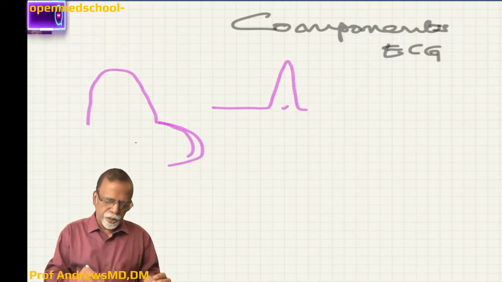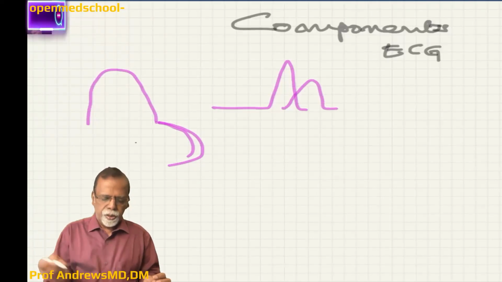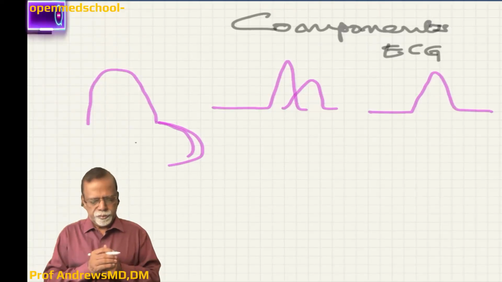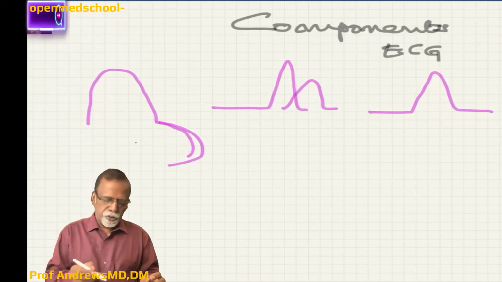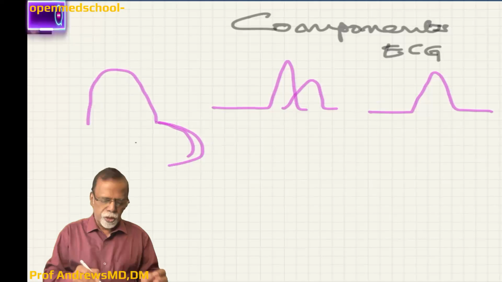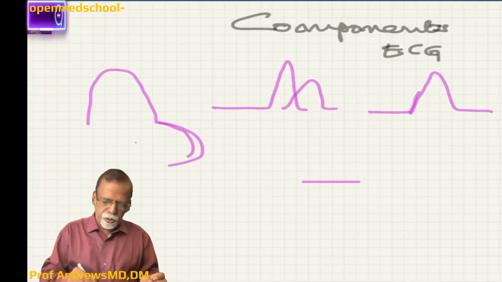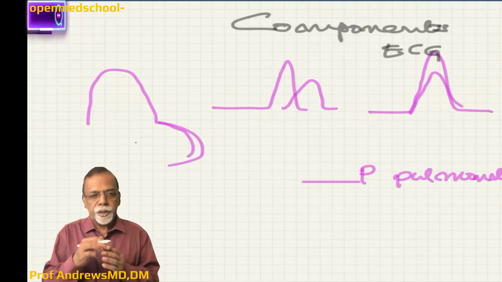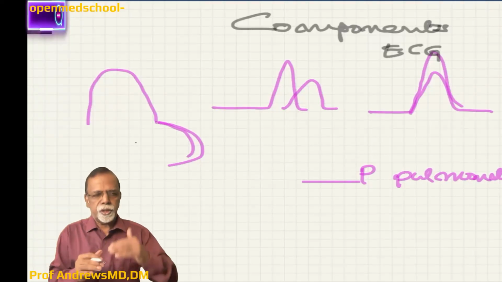This will produce another wave, and both of them summate together to form the normal-appearing P. Suppose the right atrium is enlarged, what will happen? The P will be tall. This is called the P pulmonale. So right atrial enlargement produces a tall P.